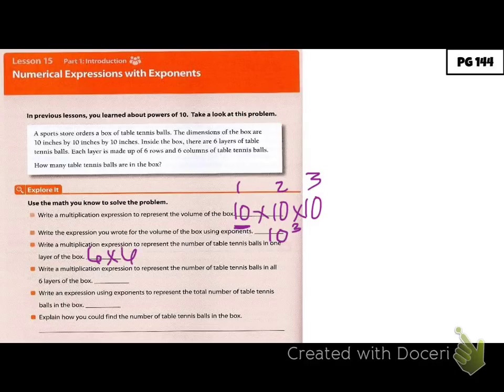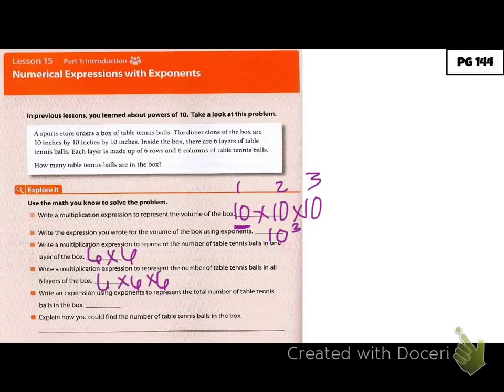Then it says write a multiplication expression to represent the number of table tennis balls in all 6 layers. Well, you would have 6 times 6 and then times your 6 layers, so it would be 6 times 6 times 6.